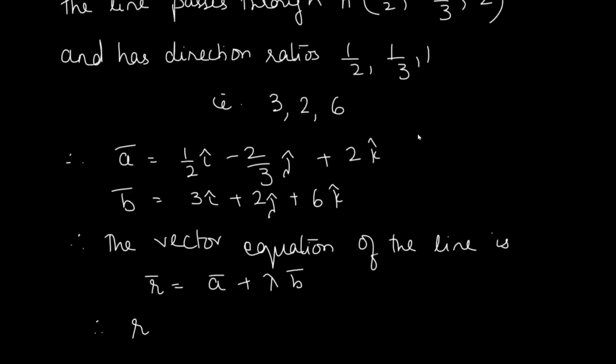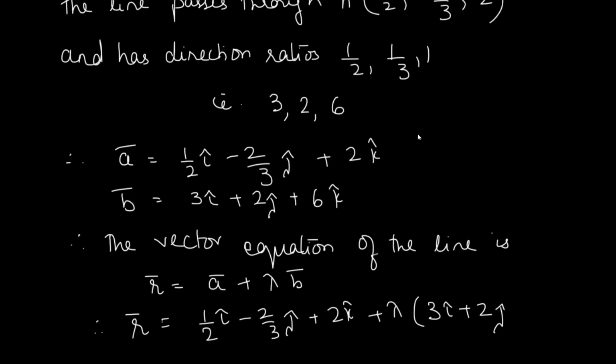And therefore we have r is equal to a, in this case a is half i minus 2 upon 3 j plus 2k, plus lambda, and b is the other vector. b we get as 3i plus 2j plus 6k. So thus we get the vector equation of the line.